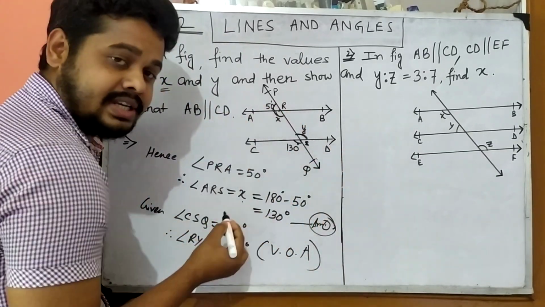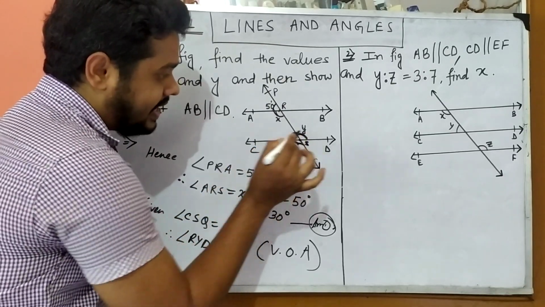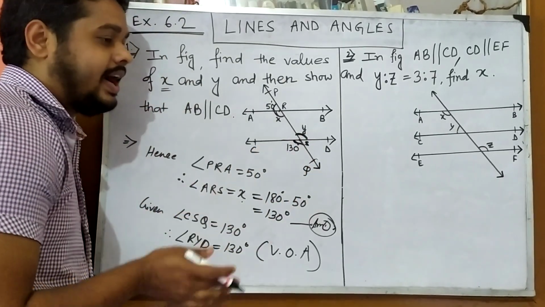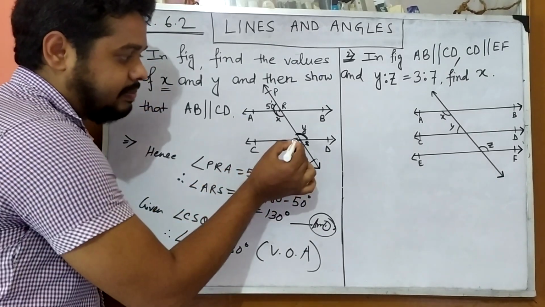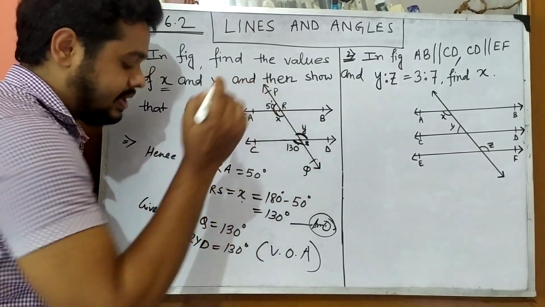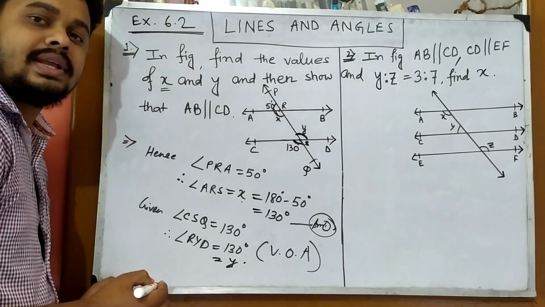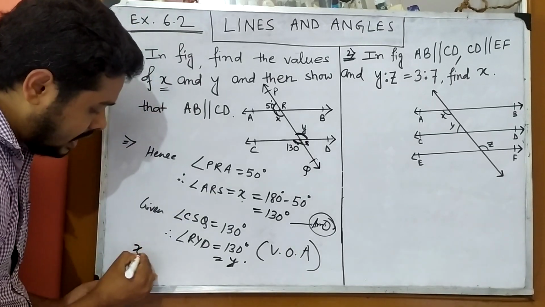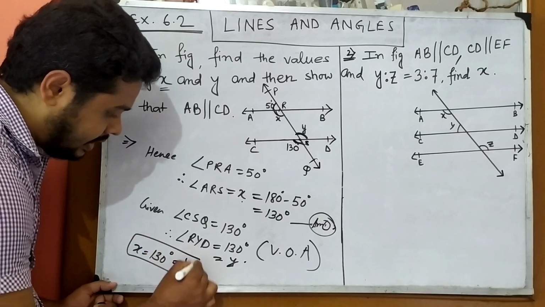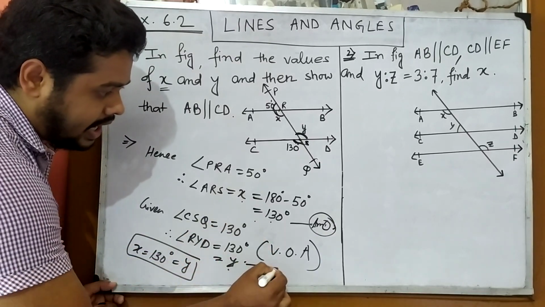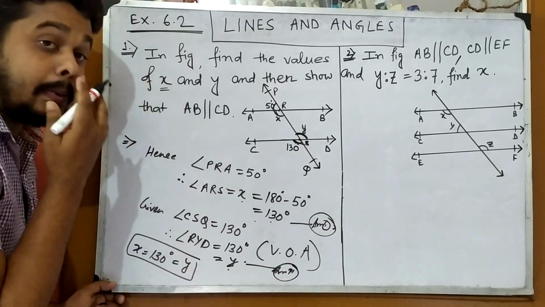This one and this one intersect each other at the point S. So these two are vertically opposite angles, and we know vertically opposite angles are equal. So if this one is 130, this one is also 130, and this one equals y. Clear? Now x equals 130 equals y. x and y are both 130 degrees.